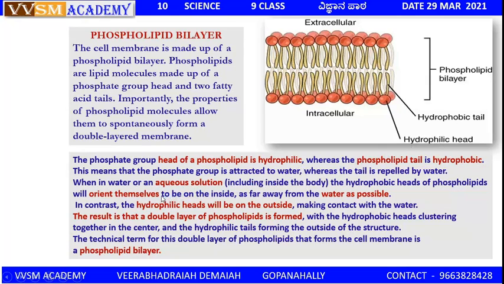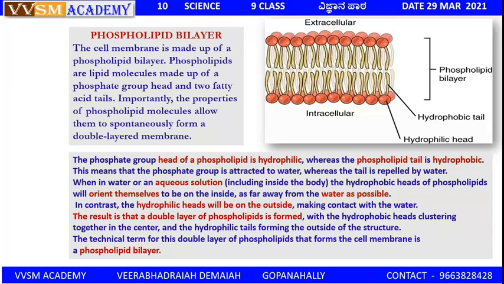The phosphate group head of a phospholipid is hydrophilic, whereas the phospholipid tail is hydrophobic. This means that the phosphate group is attracted to water, whereas the tail is repelled by water. When in water or an aqueous solution, including inside the body, the hydrophobic tails of phospholipids will orient themselves, they arrange themselves to be inside, as far away from the water as possible.